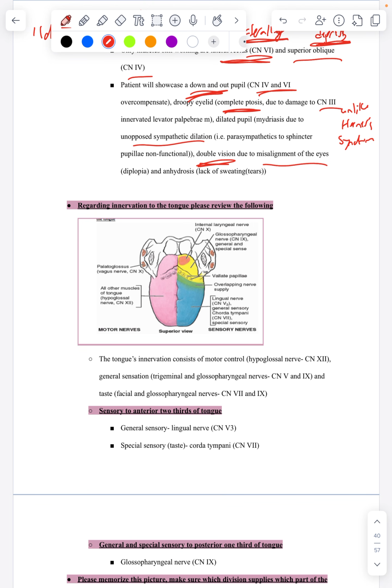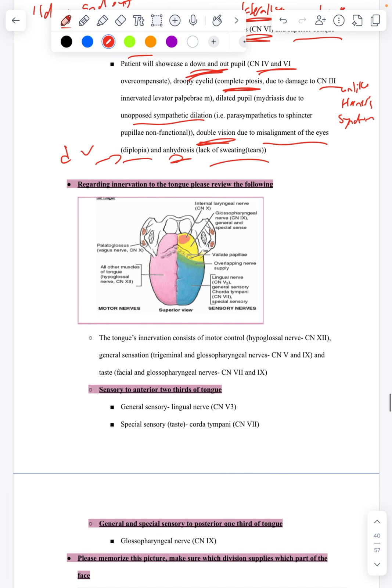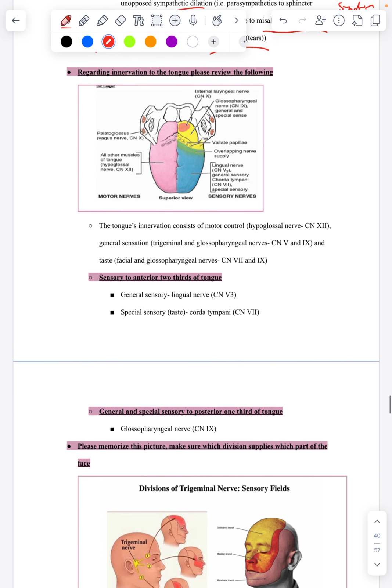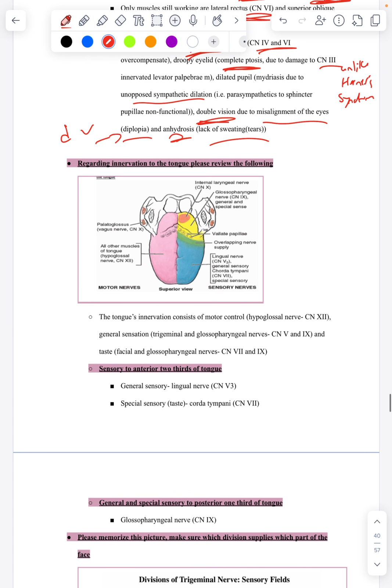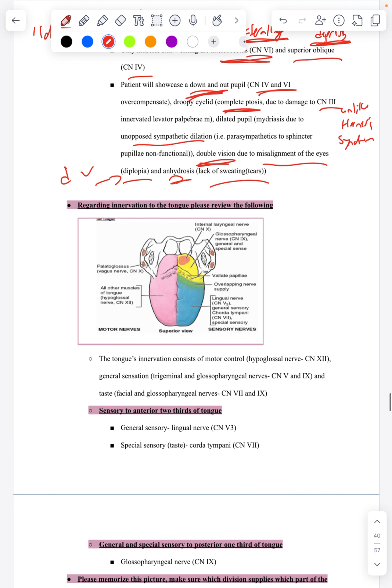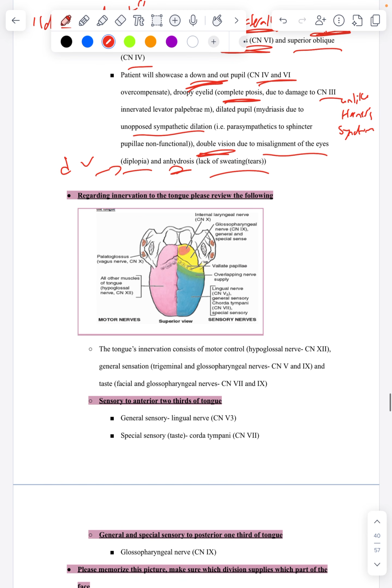So you have a misalignment of eyes, diplopia, which is just double vision. And then anhidrosis, you can get lack of sweating and tears. That's more so seen in Horner's syndrome because your sympathetics are gone. So if you do see it in this, it's less of anhidrosis, but I don't know if she'll ask that specific thing.